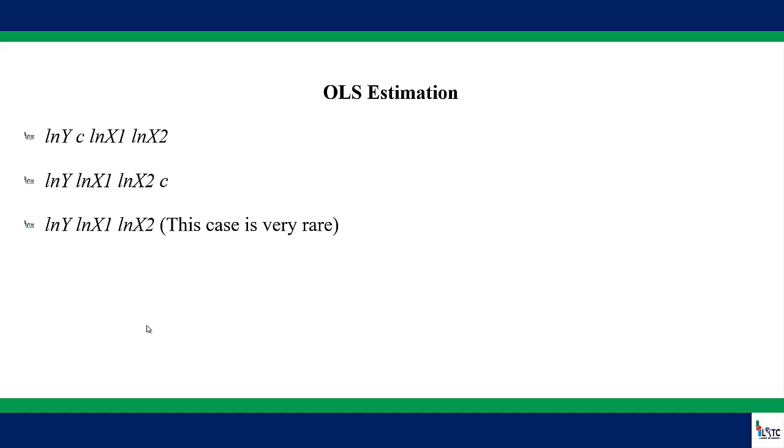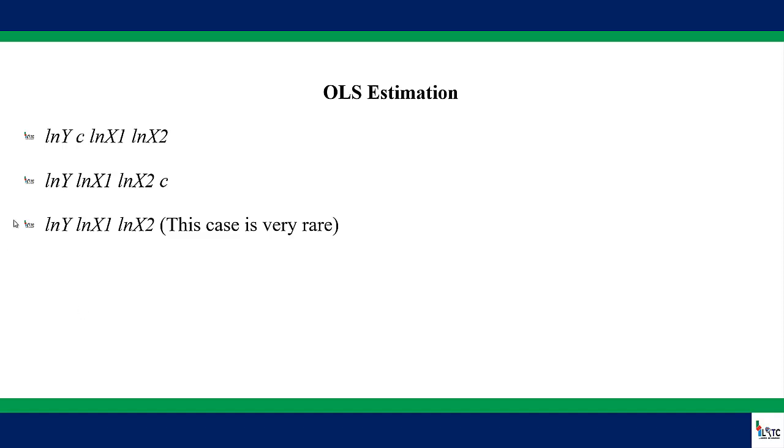Now, let us look at OLS estimation. Please, I will take you through the theory before showing you how to do the estimation in EViews. We have three ways of specifying our equation in the EViews environment.